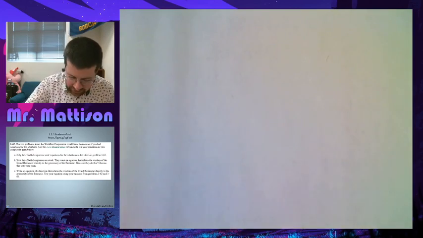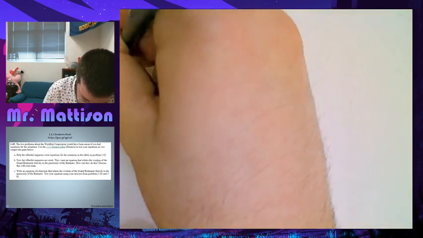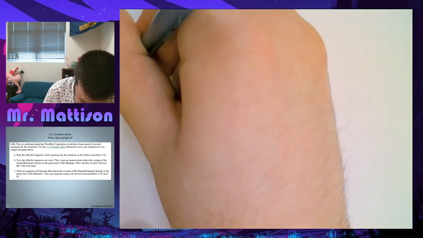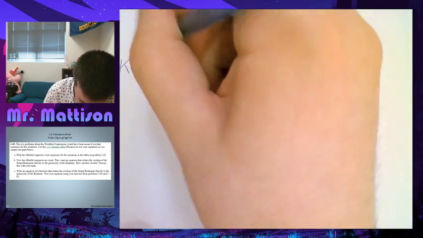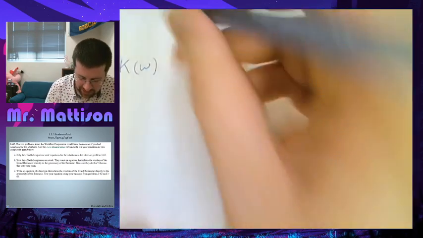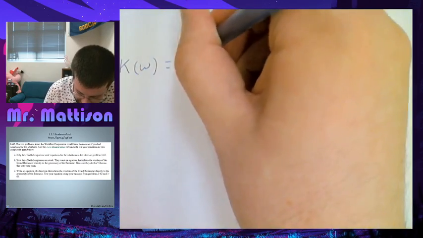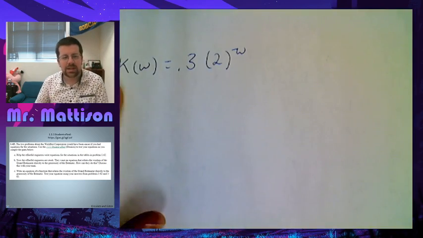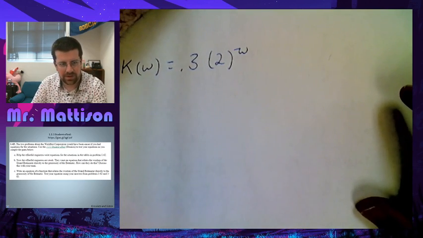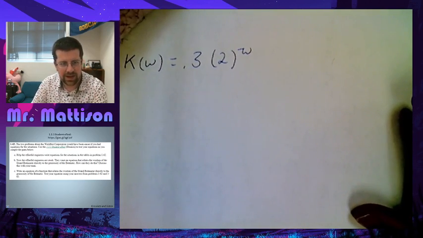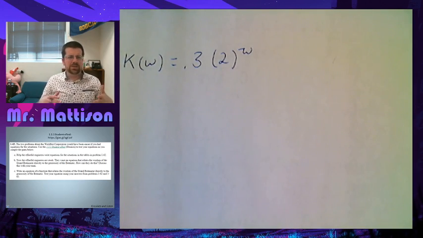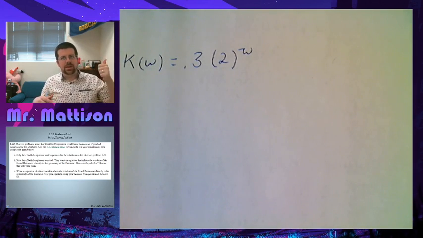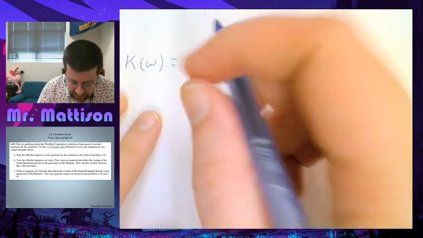My first one is how my kindness score comes from my wisdom, which is 0.3 times 2 raised to the w. Now I'm using k and w as opposed to x and y, just because we're talking about kindness score, wisdom, and gives.